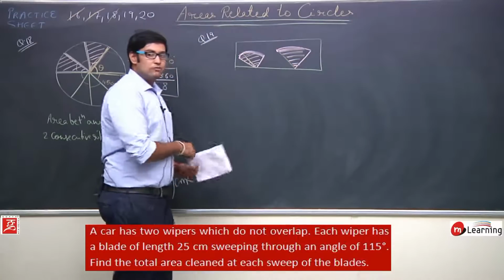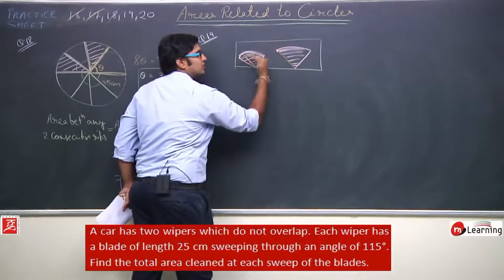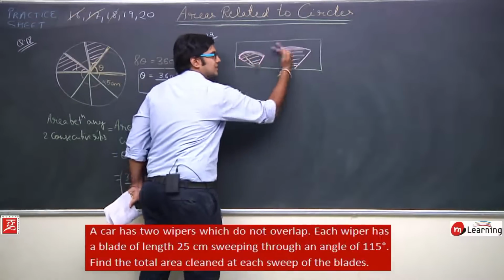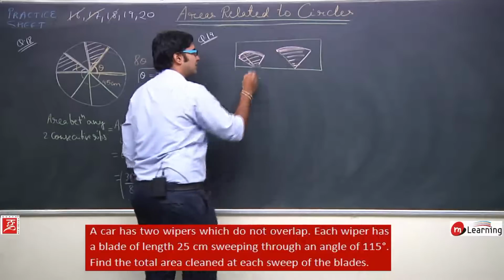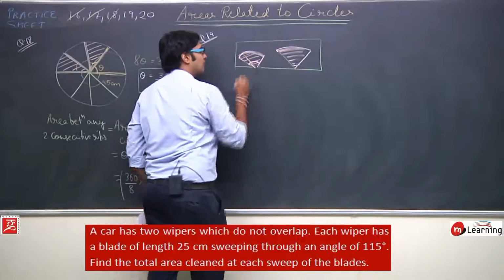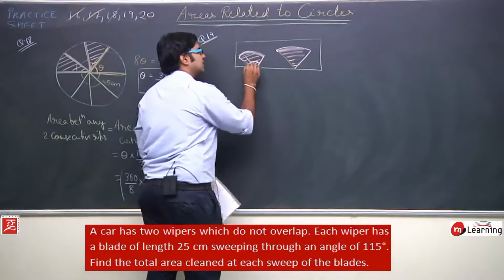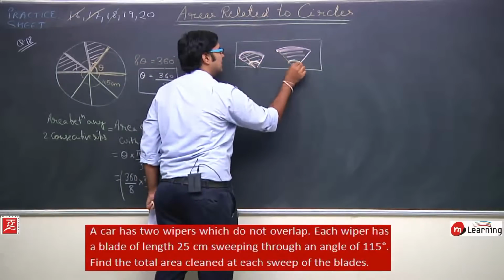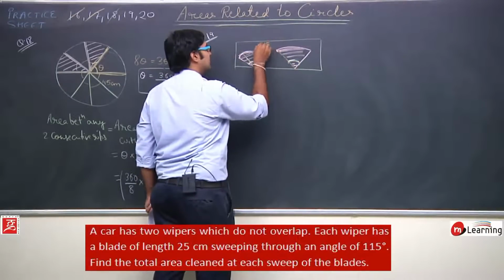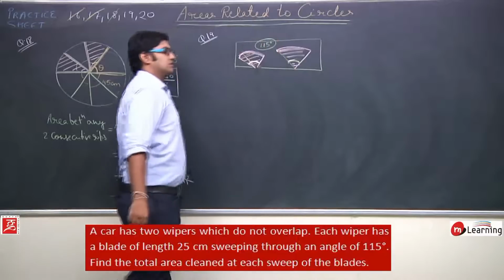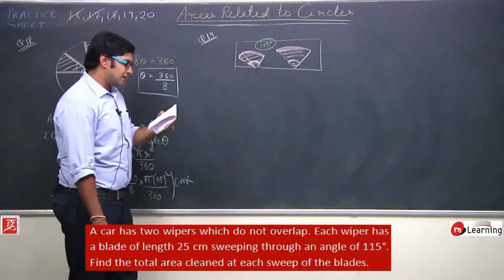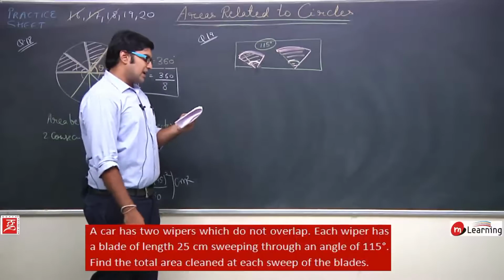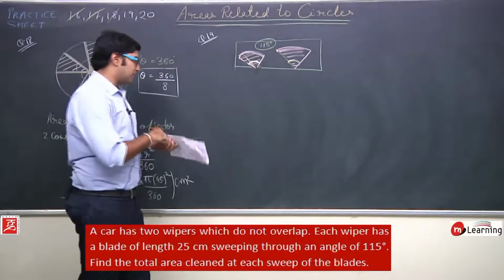Okay, so if both the wipers start from this point, they will move in this direction, this will also move in this direction, and they will sweep an angle of 115 degrees. This angle or this angle, the angle will be 115 degrees. Now what I need to calculate is total area cleaned at each sweep.